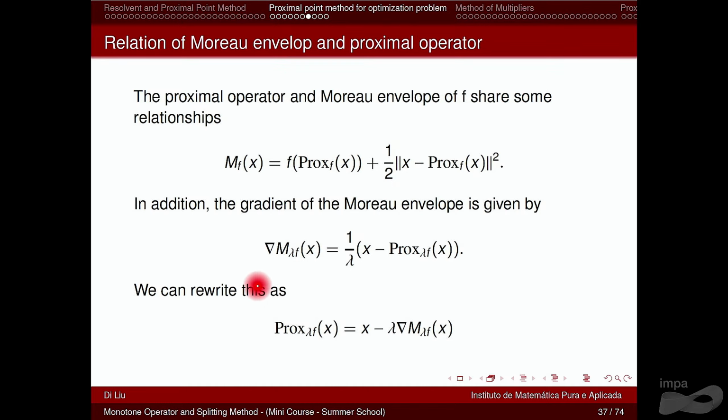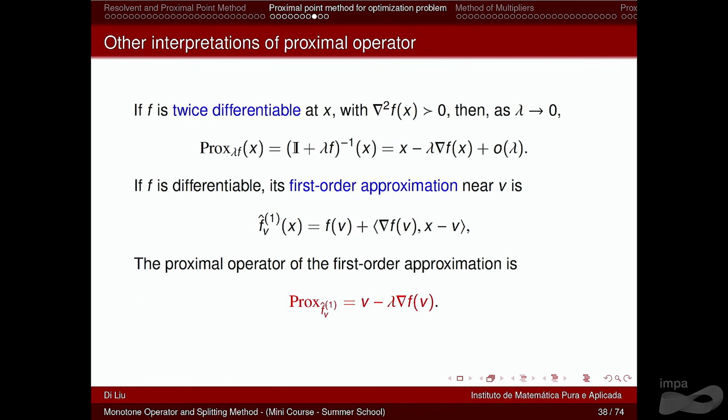Because it's smooth, we can calculate the gradient, and we can rewrite it, and we see the proximal operator of f is just x minus lambda times the gradient of the Moreau envelope, grad M. It's a kind of gradient descent step for the function M, capital M, okay?